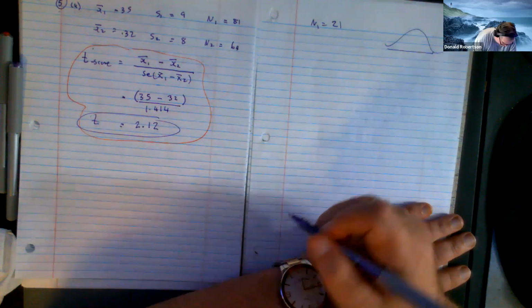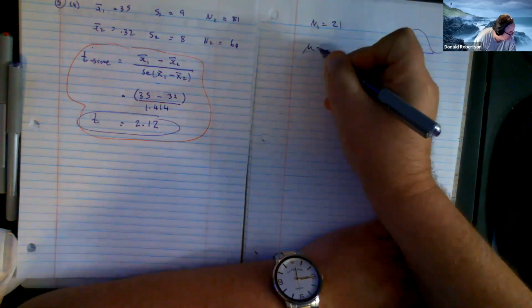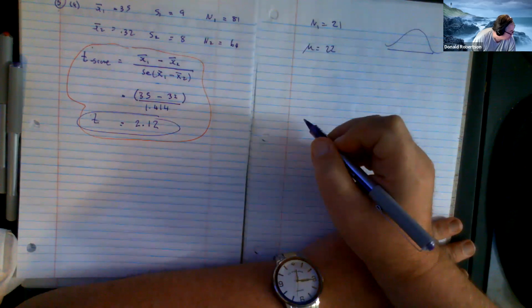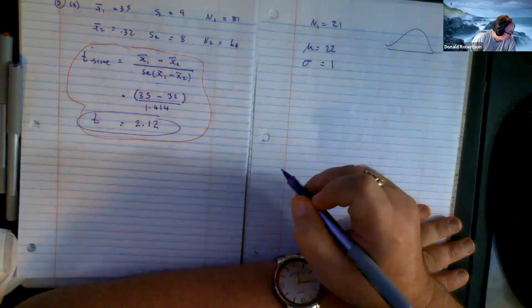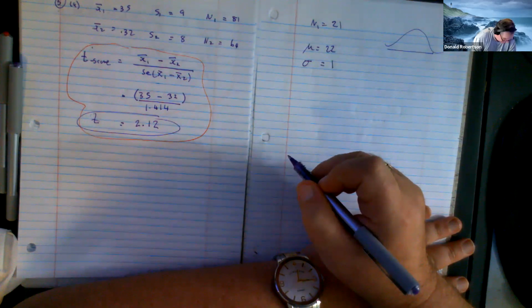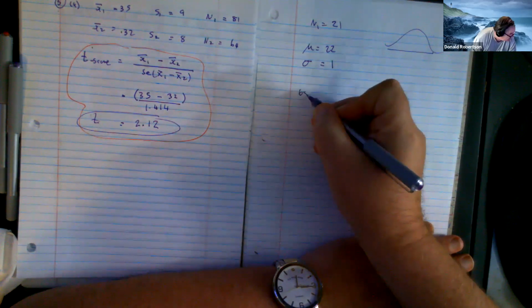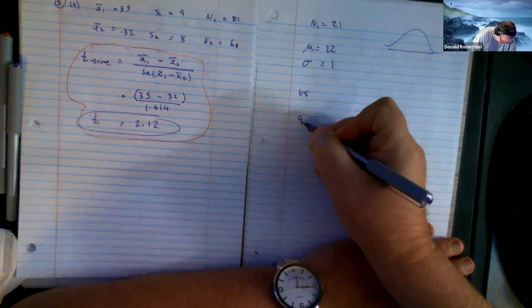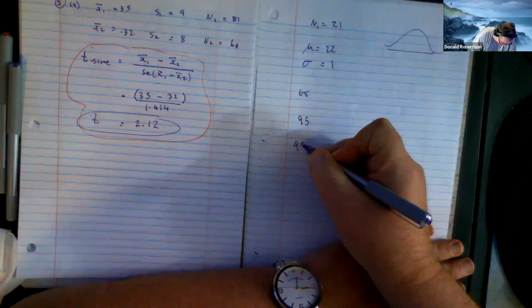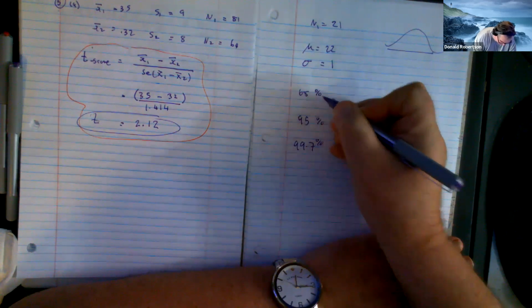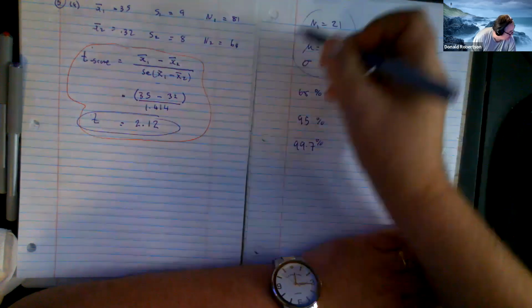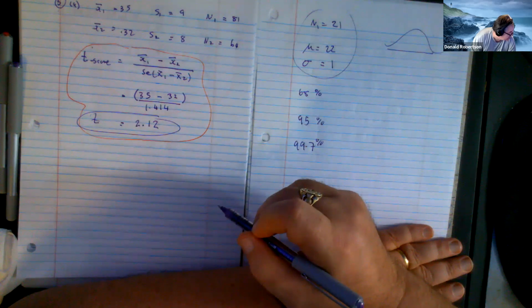The mean is 22 and the standard deviation is 1. And then it's asking us to find a 68, a 95, and a 99.7 based on this information, right?